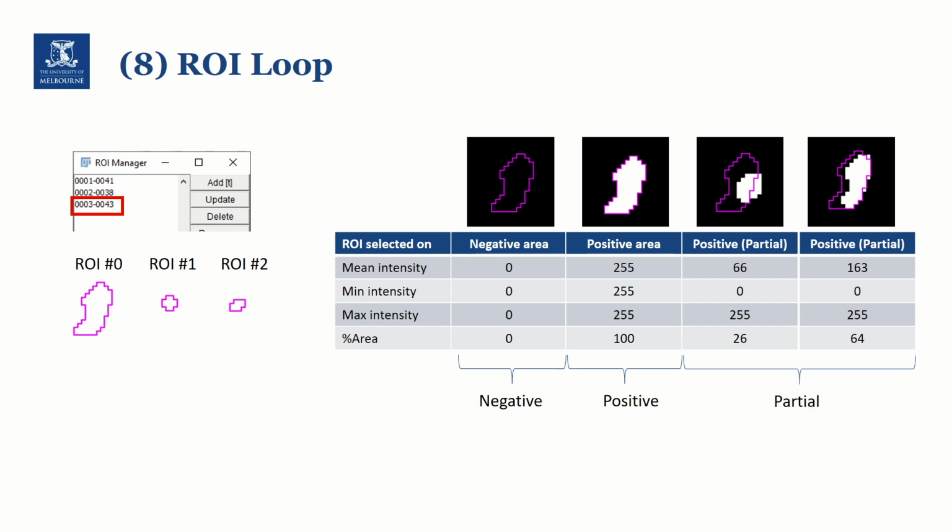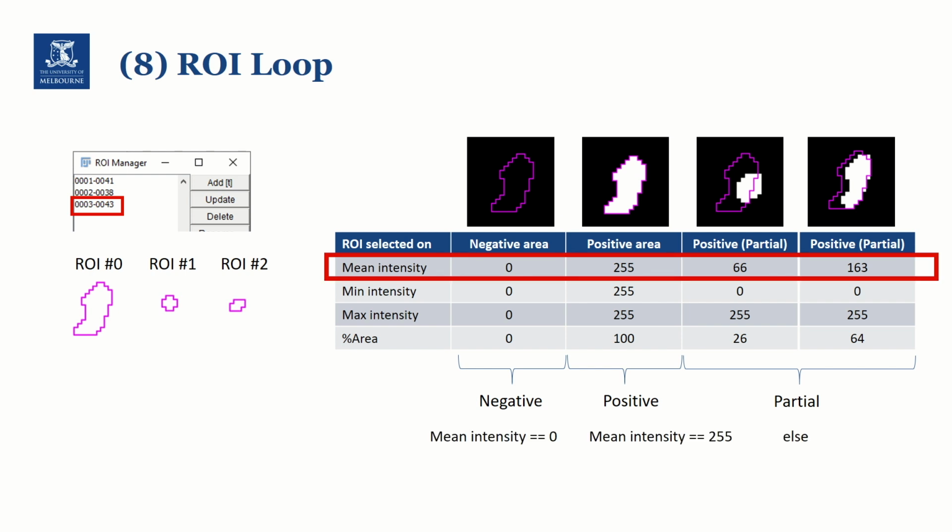If we want to set this partial group separately, and if we are going to use the average intensity, the positive cell should have a value equal to 255, and the negative cell should have a value equal to 0, and the partial group can be placed in the else group.